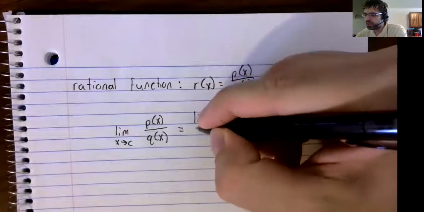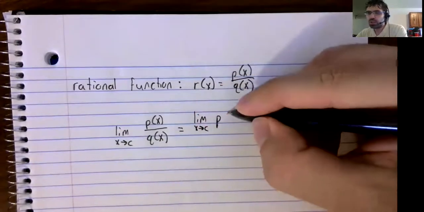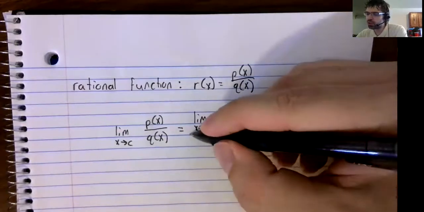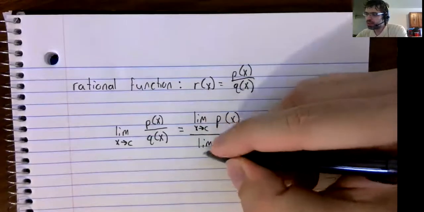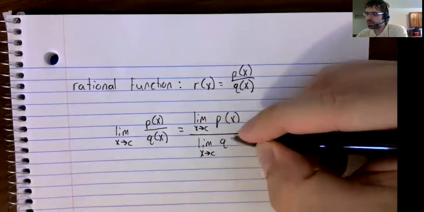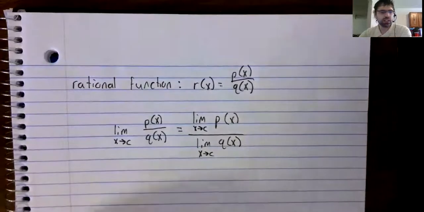So, this should be the limit of this polynomial up here divided by the limit of this polynomial down here.